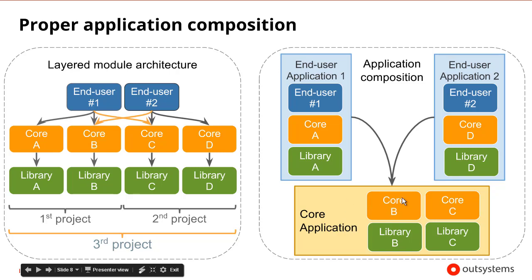Because we need core services B and core services C, and they depend on their libraries, library B and library C, we would move all of those components to a new application. By refactoring the application, we now have a sound architecture from an application standpoint as well.